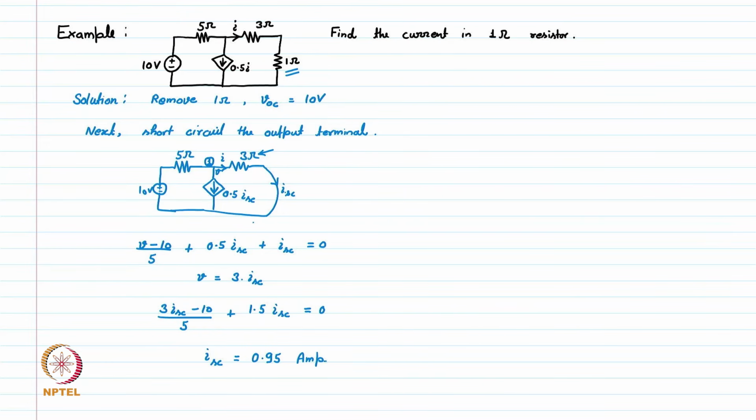So this is the short circuit current, and similarly we can find out the R internal. This is V open circuit divided by I short circuit.